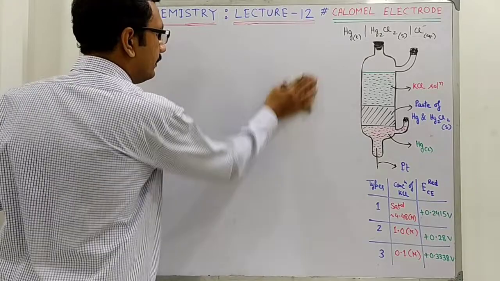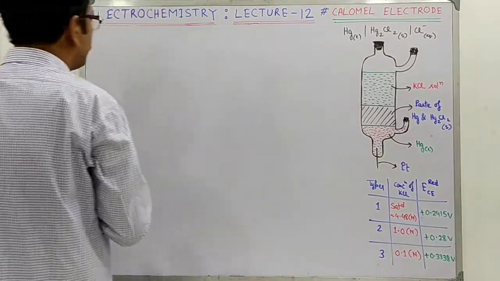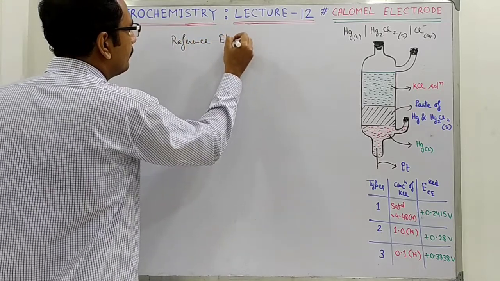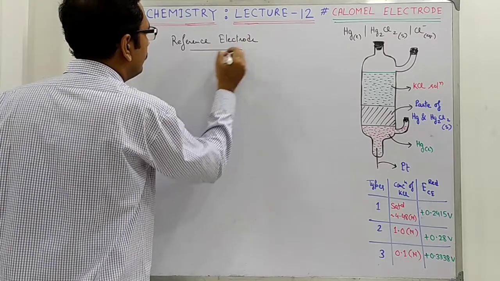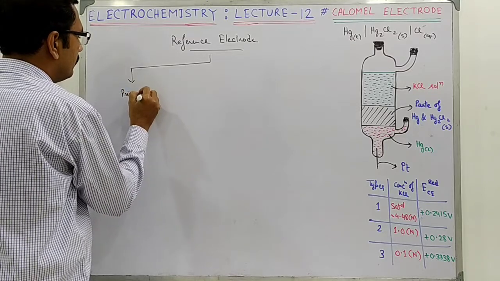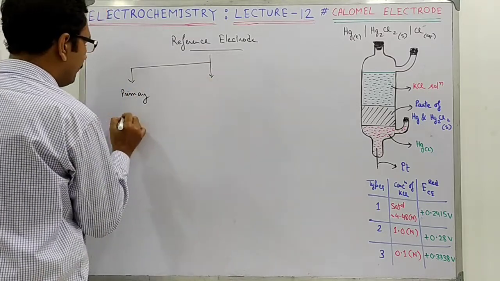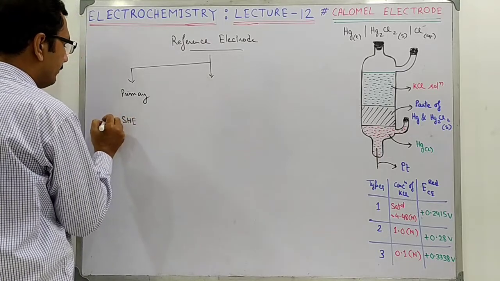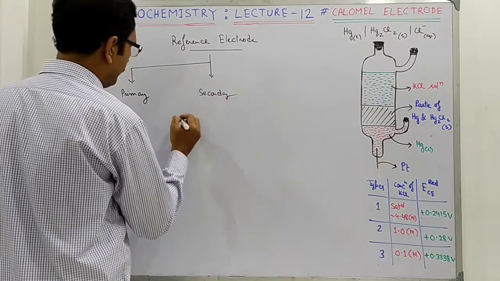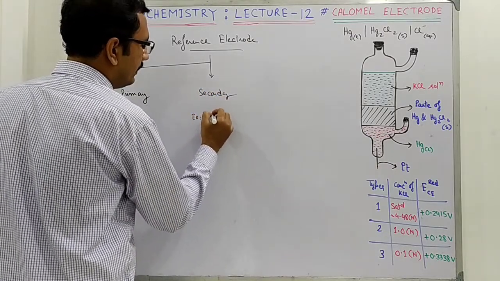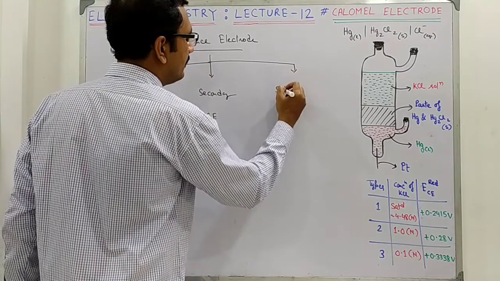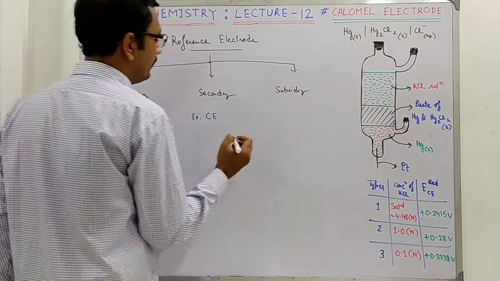So, we can categorize reference electrodes as primary, an example is the standard hydrogen electrode; secondary, the example is the calomel electrode, which is today's topic; and there are subsidiary reference electrodes.